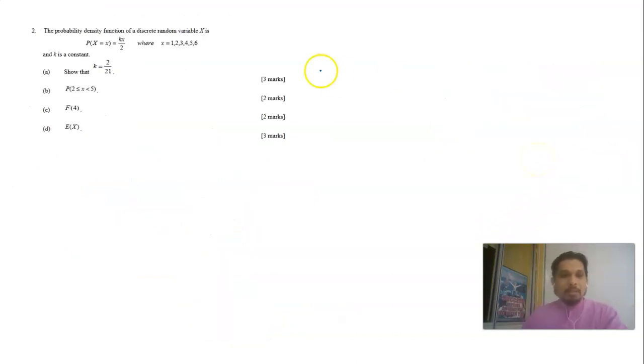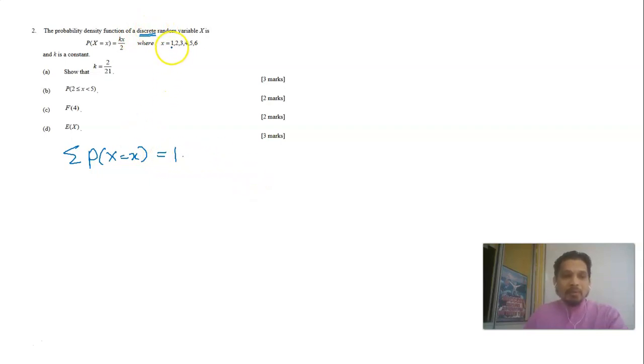So now, question number 2, the probability density function of a discrete random variable x is given here, and k is a constant. Show that k is 2 over 21. As we know, the summation of all the probabilities of x, since it is discrete here, is equal to 1.